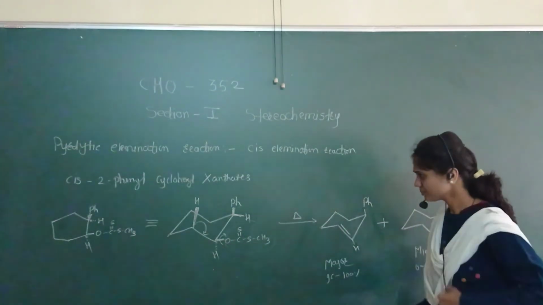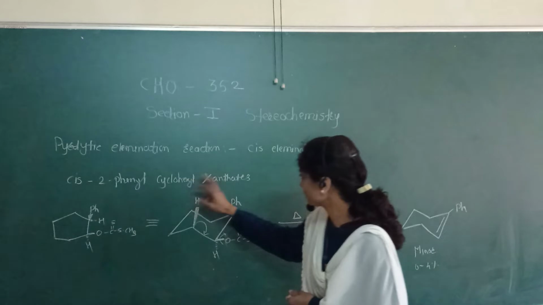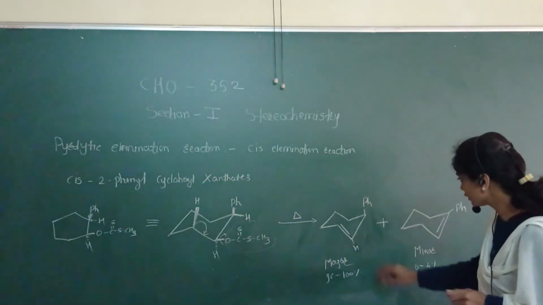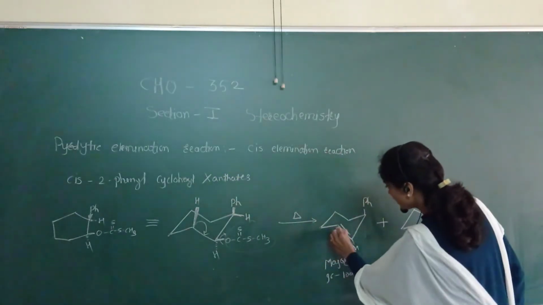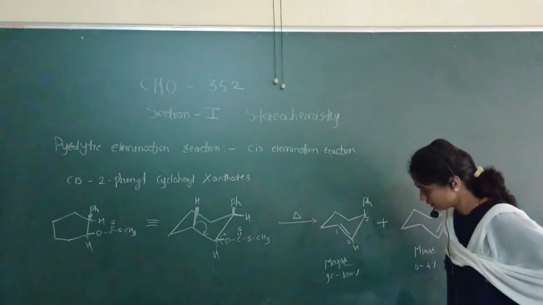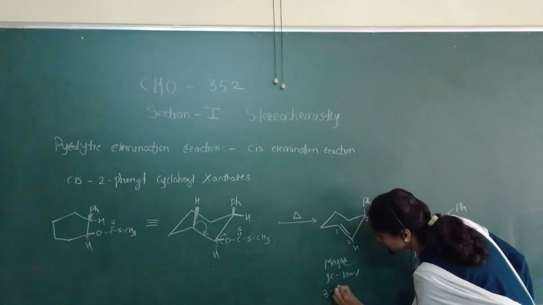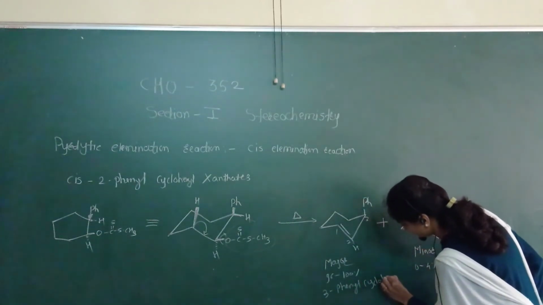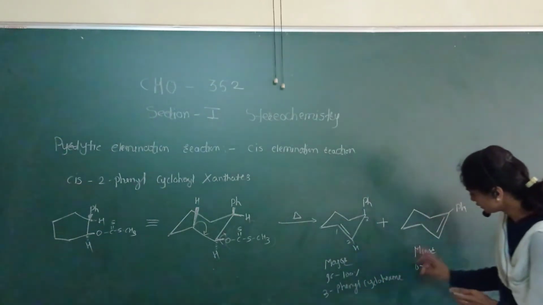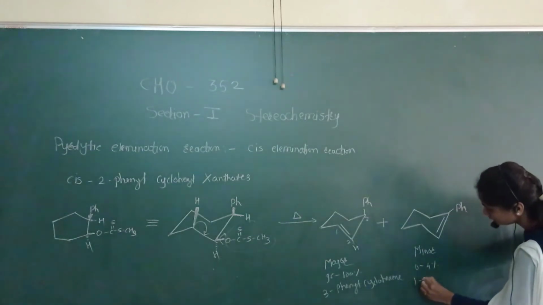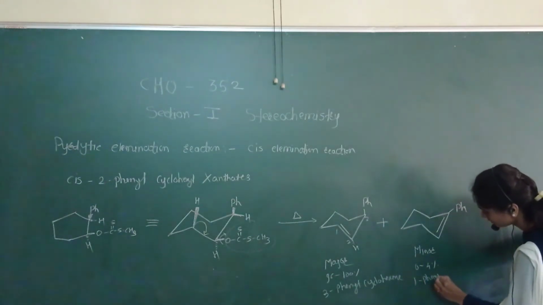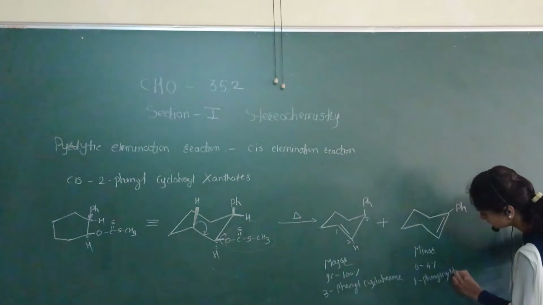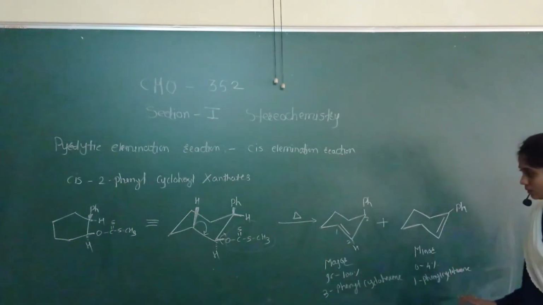Suppose this is cis-2-phenyl cyclohexyl xanthate. In that, the major product is 3-phenyl cyclohexene, and the minor product is 1-phenyl cyclohexene.